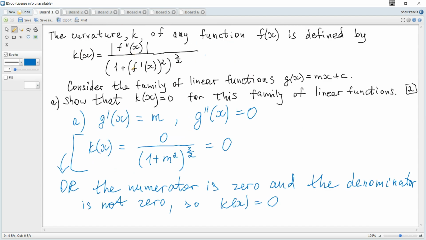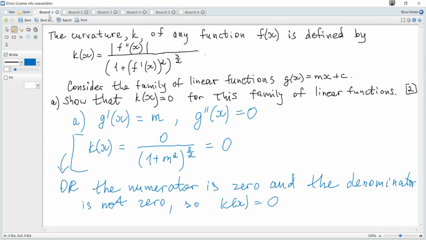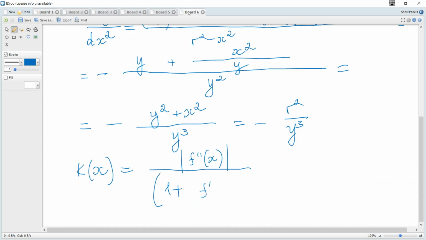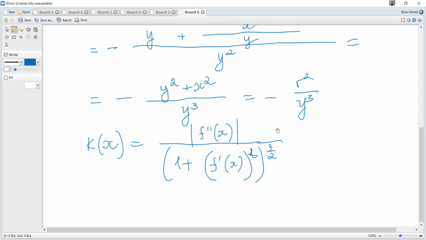Let's rewrite that: it's the absolute value of the second derivative over 1 plus the first derivative squared, to the power of 3 over 2. So we need to consider this, and we should get it in terms of r only.